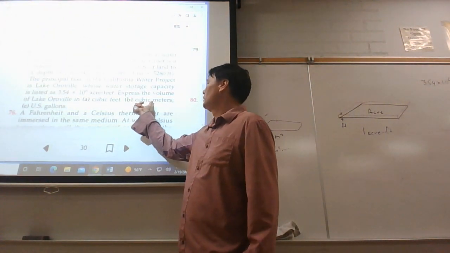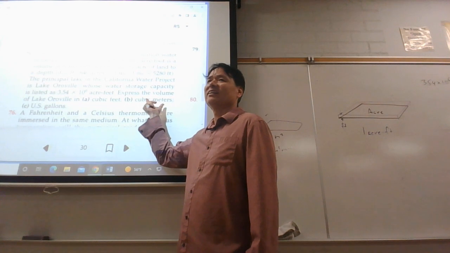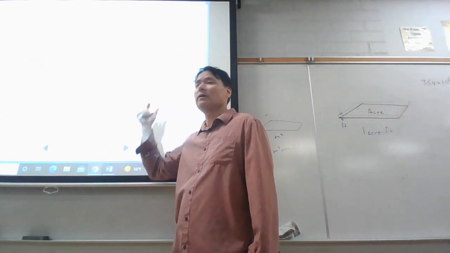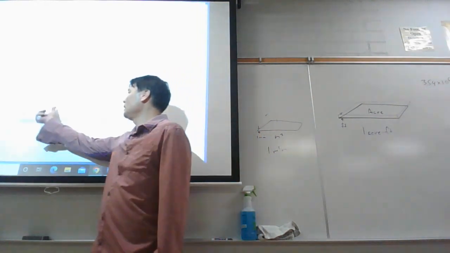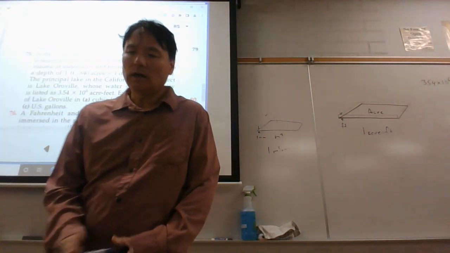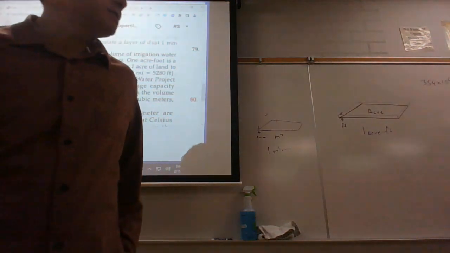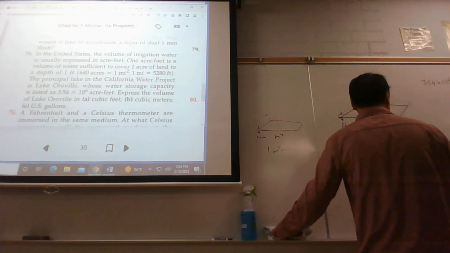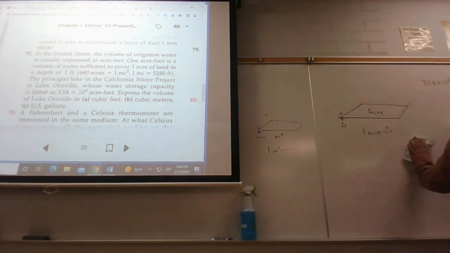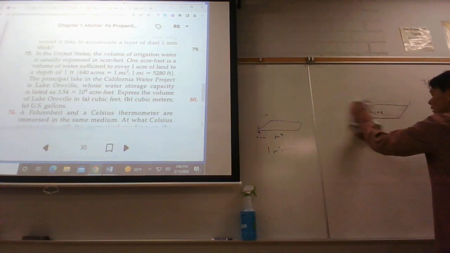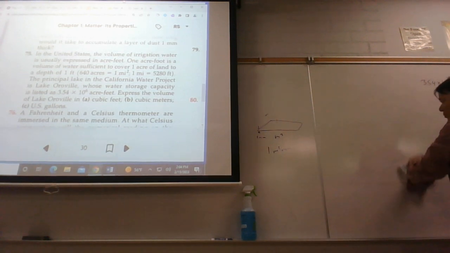All right, they want it in cubic meters. Does that seem pretty straightforward? Yeah. They want it in gallons here. But I don't want to see some weird conversion factors that you look up. We want to try to do these things based on the conversion factors that we all use regularly.